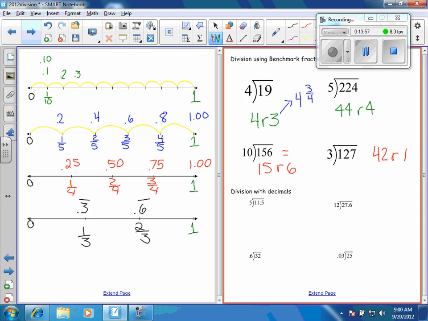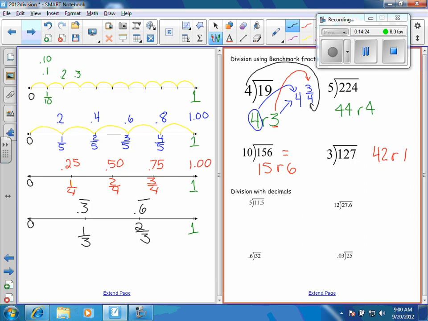And where that comes from is you take your whole number and you just leave it alone. Okay? You take your remainder right here and you put it as the top of the fraction. And then you take what you were dividing by, the number 4, and you put that as the bottom of the fraction.